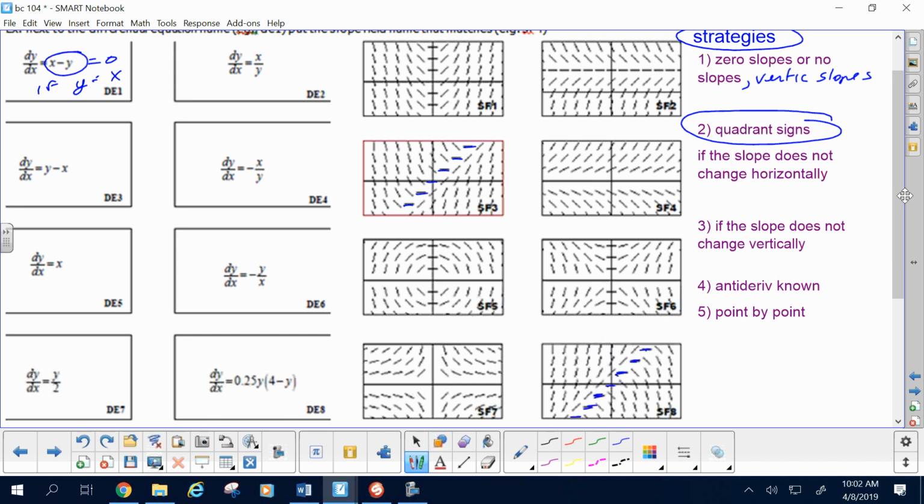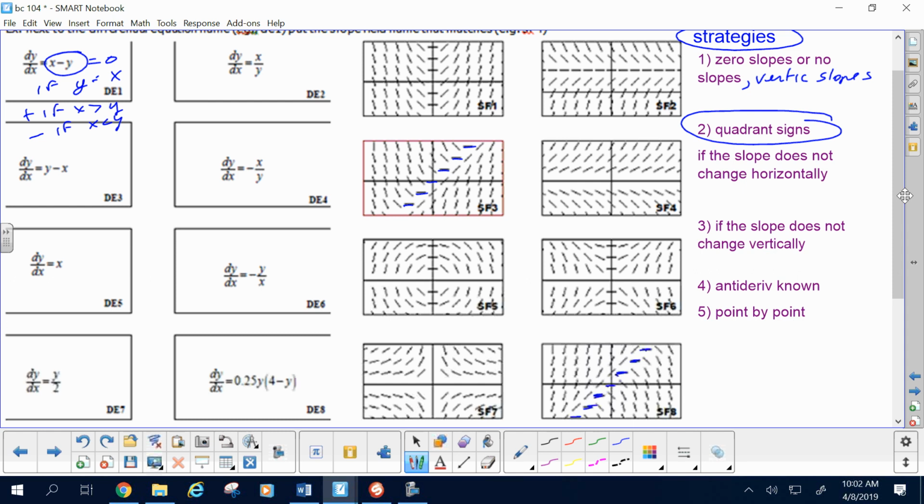I know it's 0 at y equals x. It would probably be positive if x is greater than y, and negative if x is less than y. So with that in mind, does that help us any?